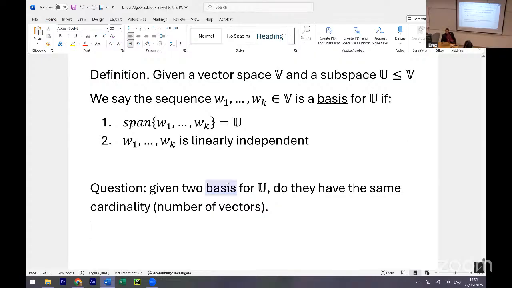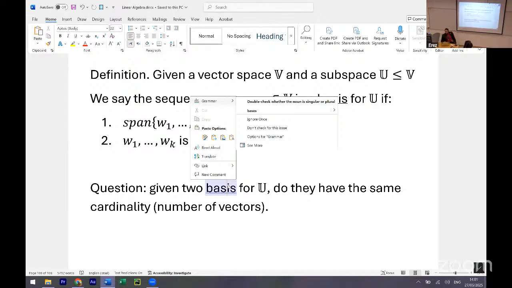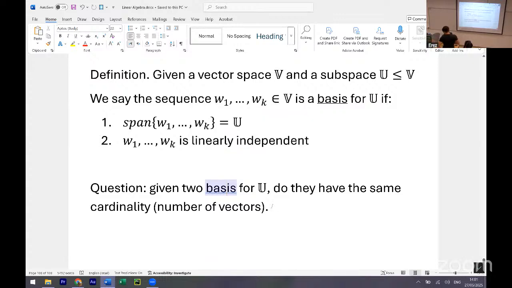I think I will take. Oh, I just went and realized that the pizza was good for them. It says double check whether the noun is singular or plural. And is it gender neutral? No, I didn't. It suggests basis. Is it gender neutral? Yes. Yeah, it never came up. I'm disappointed. Gender.